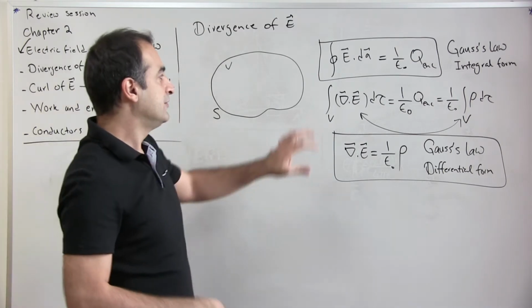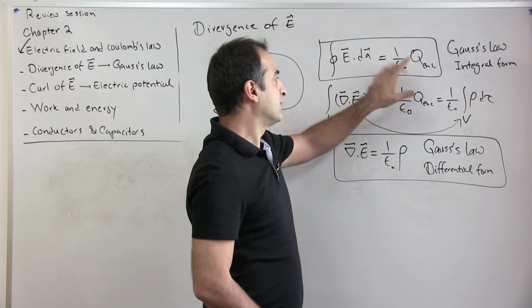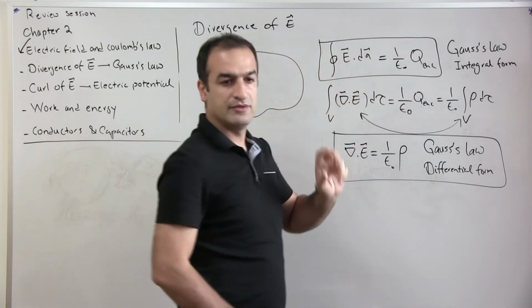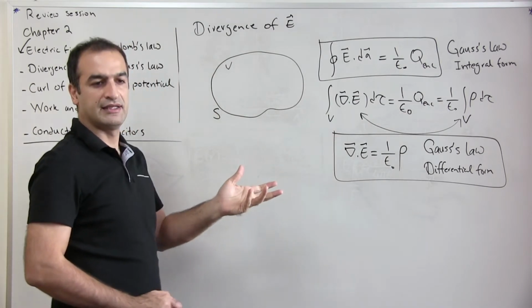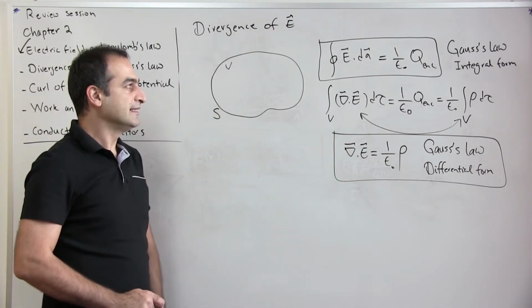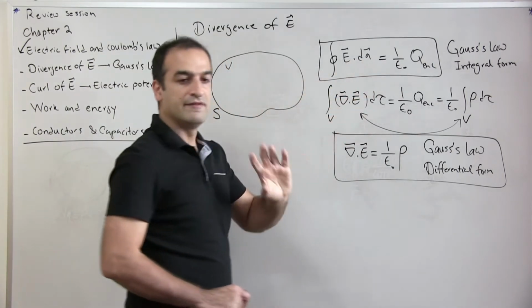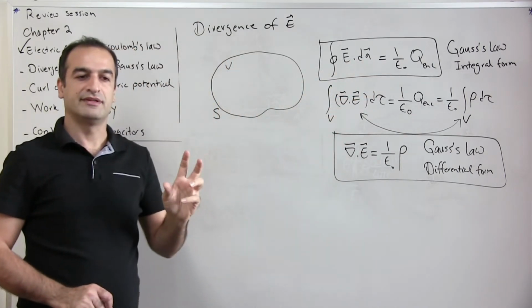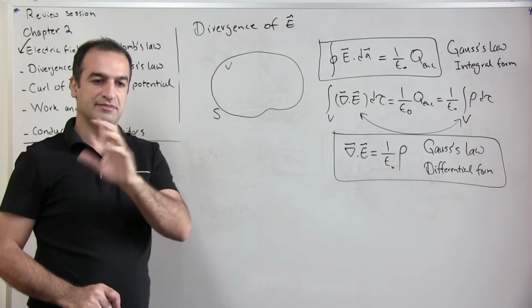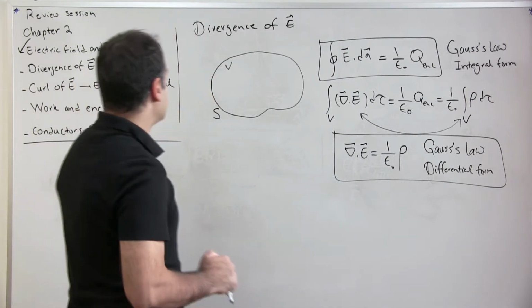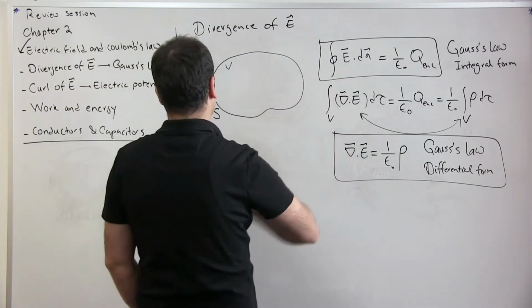And for such symmetric cases, the Q enclosed, the charge density, can also be calculated relatively easily, so that we can calculate the electric field without going through the burden of doing the integral over specific charges. So there are some examples where the Gauss law is super useful.